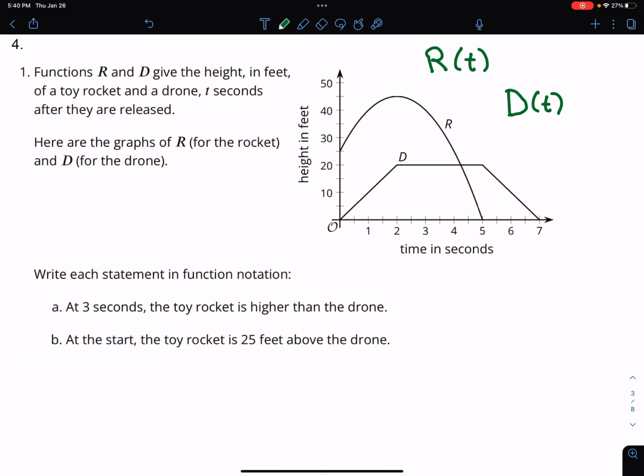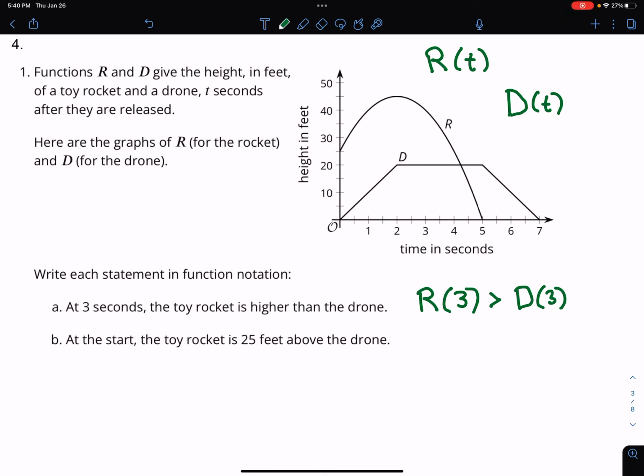So the toy rocket is higher than the drone. So I'm going to say the rocket, function R, as a function of 3 seconds. 3 seconds have passed. And it's going to have a higher height than the drone as a function of time after 3 seconds have passed.